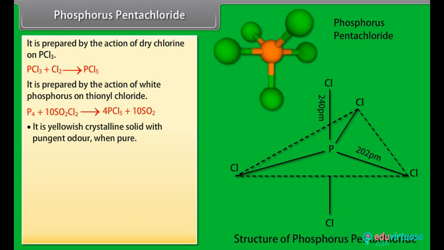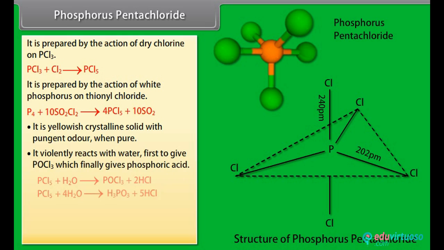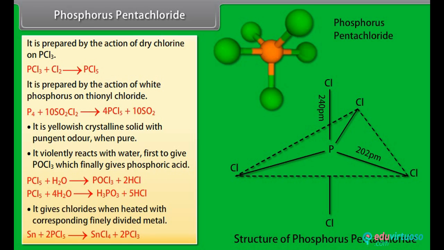It is a yellowish crystalline solid with pungent odor when pure. It violently reacts with water first to give POCl3, which finally gives phosphoric acid. It gives chlorides when heated with corresponding finely divided metal.